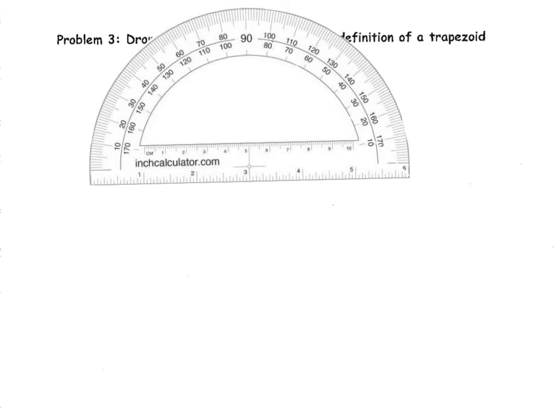So I'm going to make a set of parallel sides, or parallel lines. Alright, so I have parallel. If I extend these lines, they will never intersect, meaning they'll never touch.